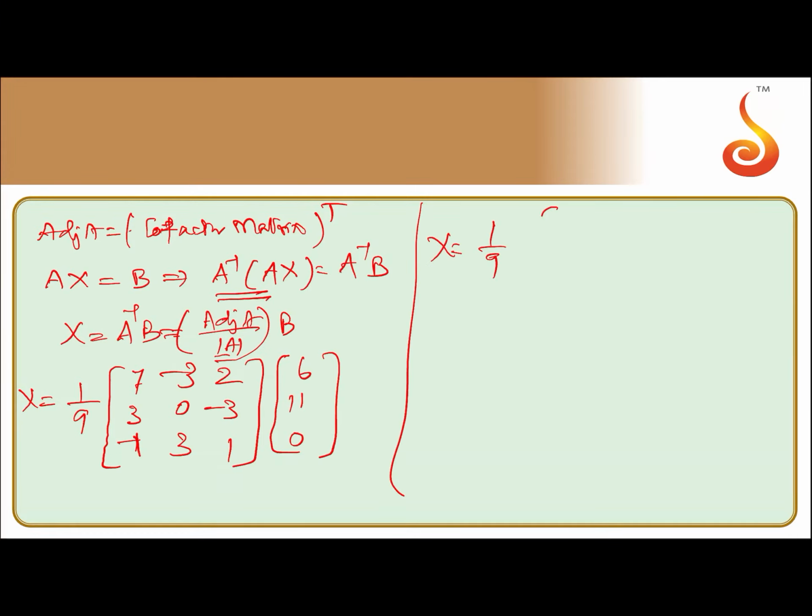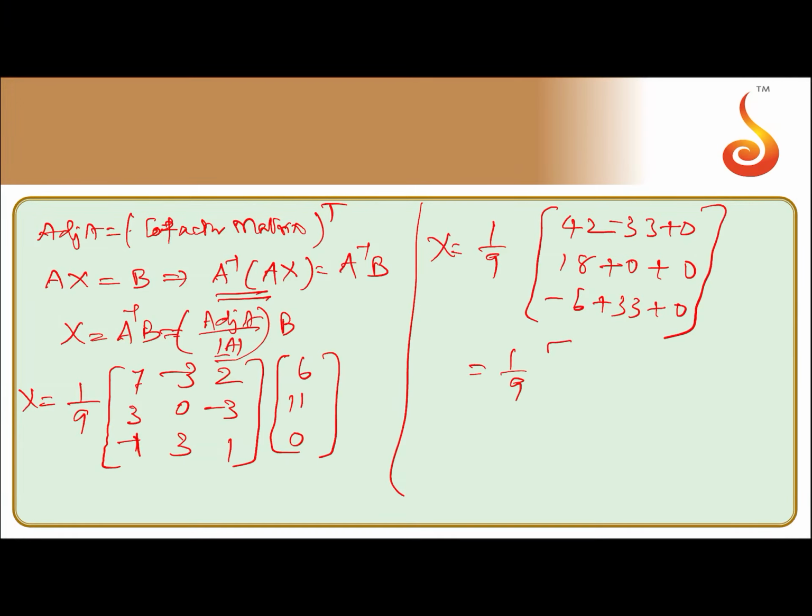So X is equal to 1 by 9 times the product. Let's see. First row, first column: 42 minus 33 plus 0. Next one: 18 plus 0 plus 0. And next: minus 6 plus 33 plus 0.